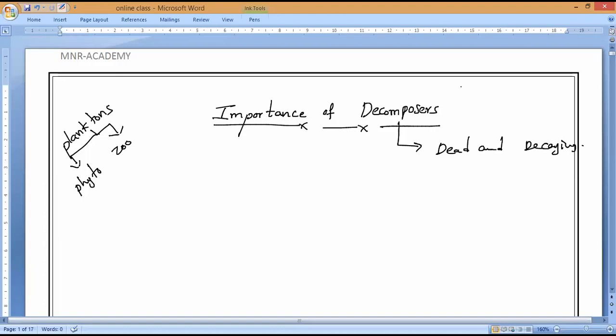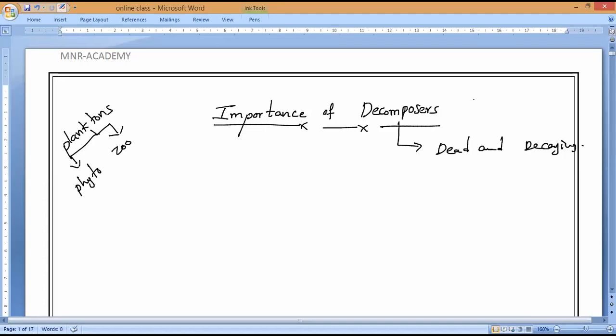They will secrete some kind of acids, and they will convert the complex organic substances into simpler substances, and they will absorb those substances. Later they will use some amount of the substances for their survival, and the remaining will be mixed with the soil, air and atmosphere to make it more fertile.